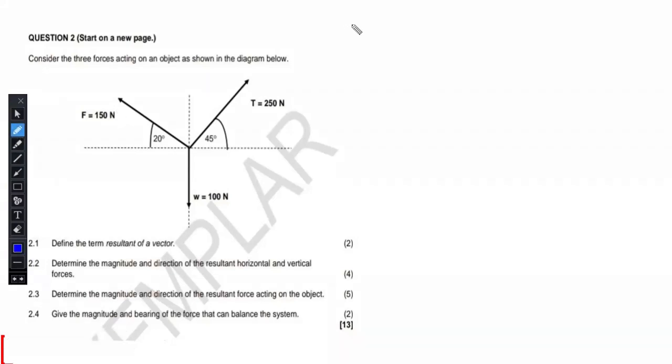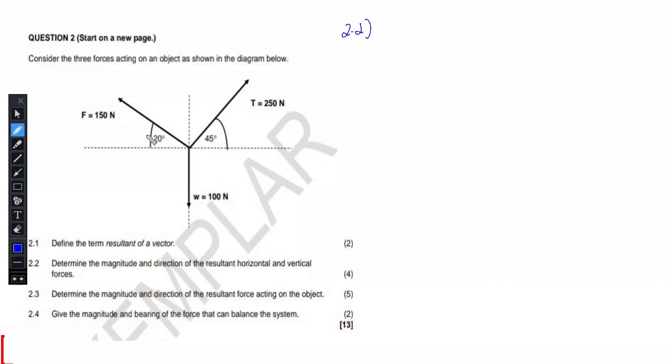Now for 2.2, let's start by resolving these forces that are being acted at an angle. According to our vectors in 2D, whenever we see a force that is being applied diagonally and has an angle, we must always resolve it into components Fx and Fy, the horizontal component and the vertical component.